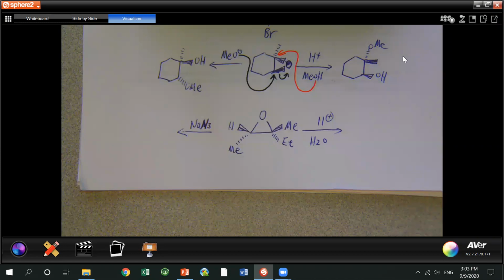So that's the acid condition: regiochemistry follows SN1 and stereochemistry follows SN2. Basic condition is both SN2.